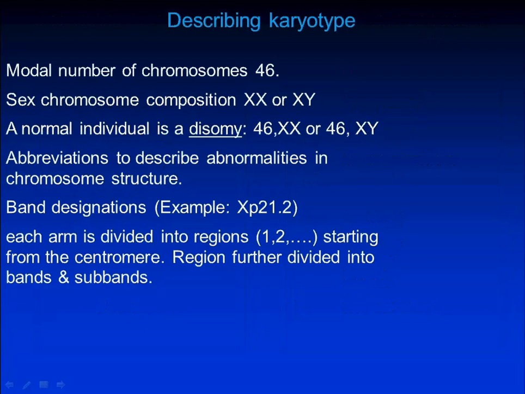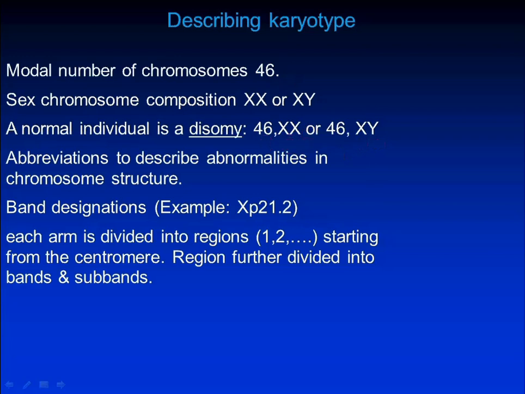The most common number of chromosomes in humans is 46. A normal individual is disomic. It can be described as 46XY for a male and 46XX for a female.